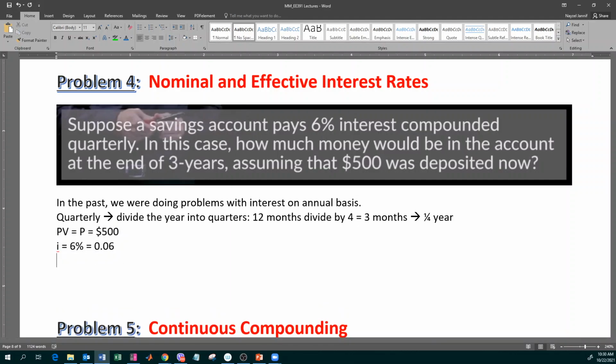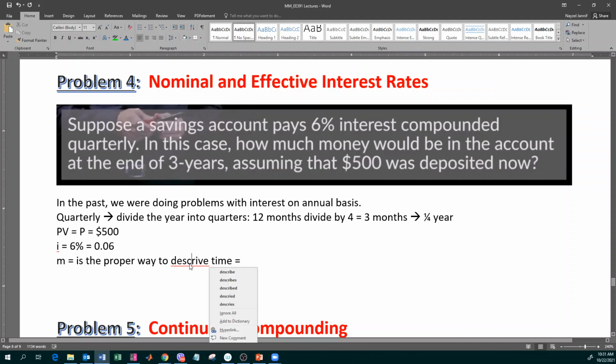Next. What else can you tell me? Well, there's a new letter called m, which is our time frame. Our m is equal to 1/4 year.